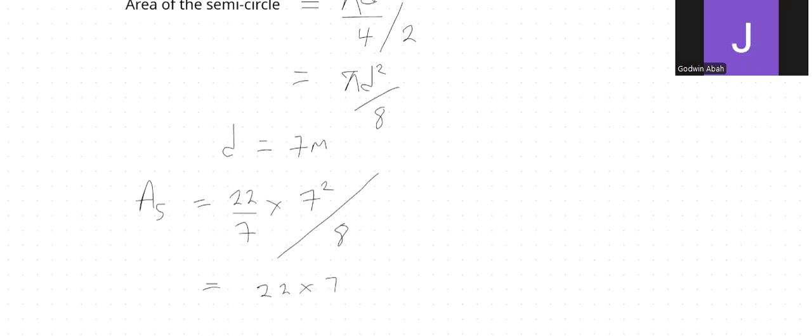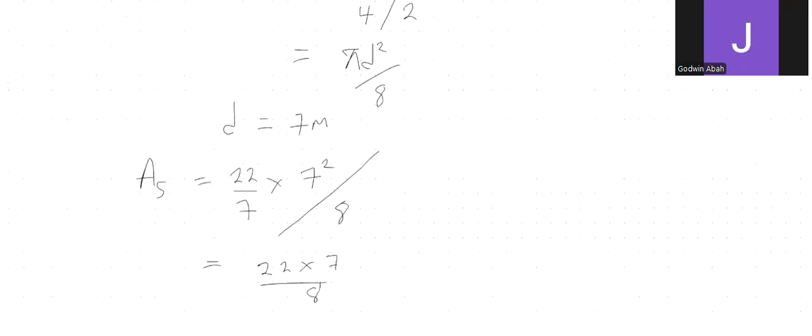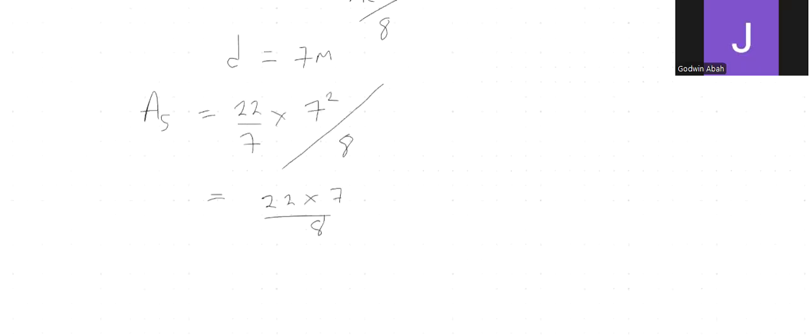So you can pick your calculator and punch this value. 22 times 7 is equal to 154.